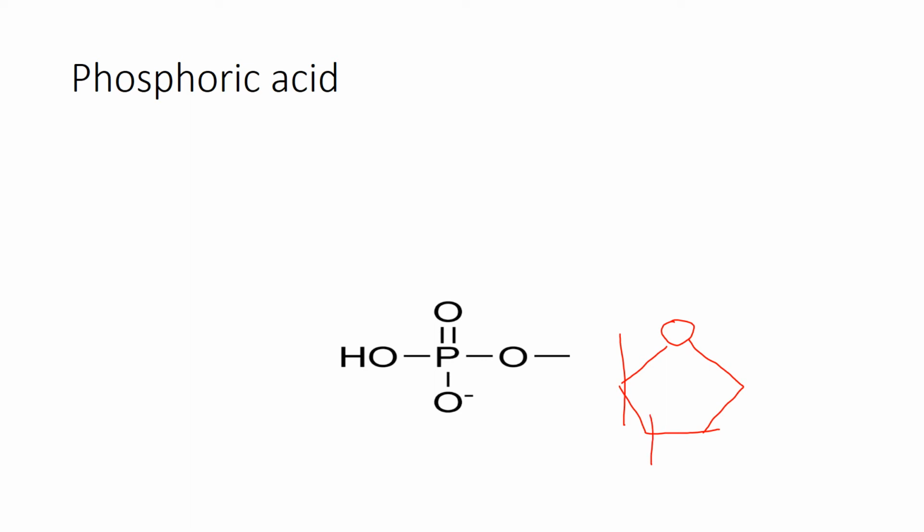Okay, so here two carbons are important. This is the fifth carbon and this is the third one, right? So this fifth carbon here is linked to the phosphoric acid. So this actually forms the backbone: the ribose sugar and the phosphoric acid together form the backbone or the skeleton on which the structure of the DNA relies.